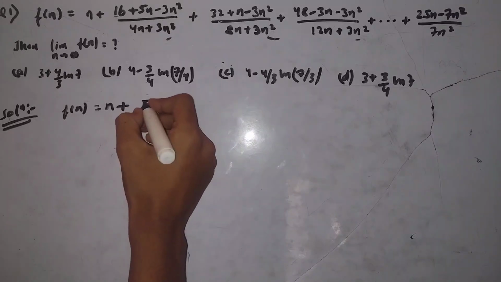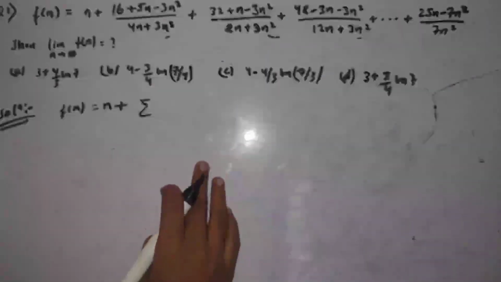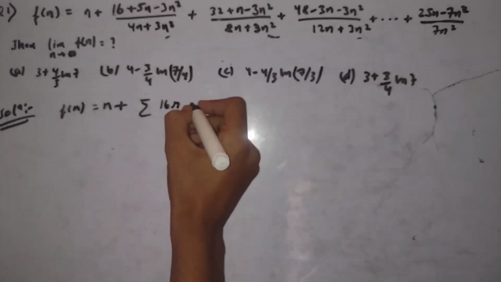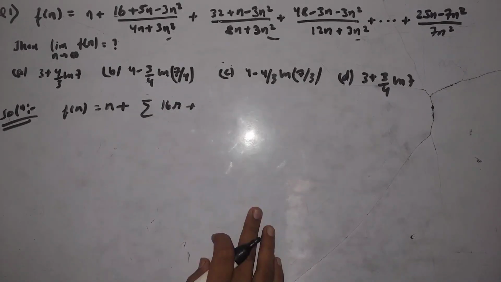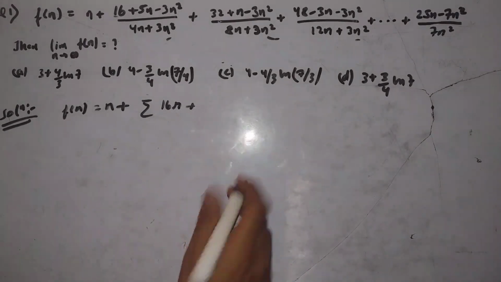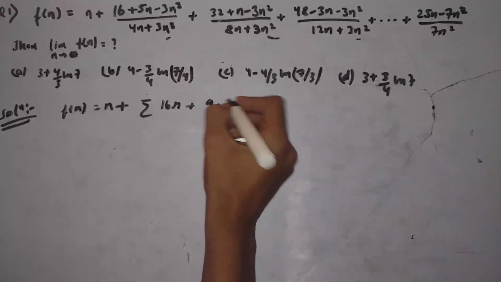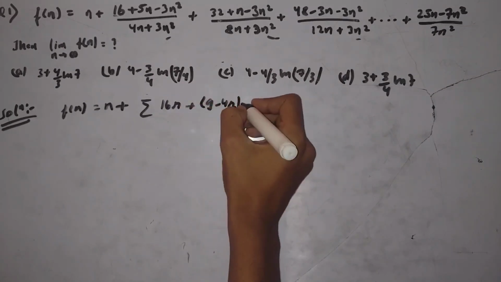So this can be written as sigma, and because 16, 32 and 48 are multiples of 16, we can write 16 into r. And these 5n, n and minus 3n are in kind of AP, so we can write that as 9 minus 4r into n.